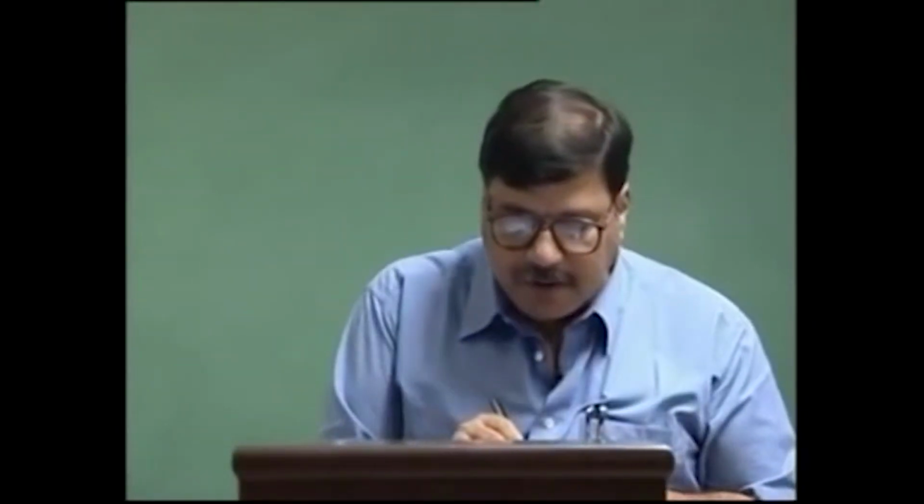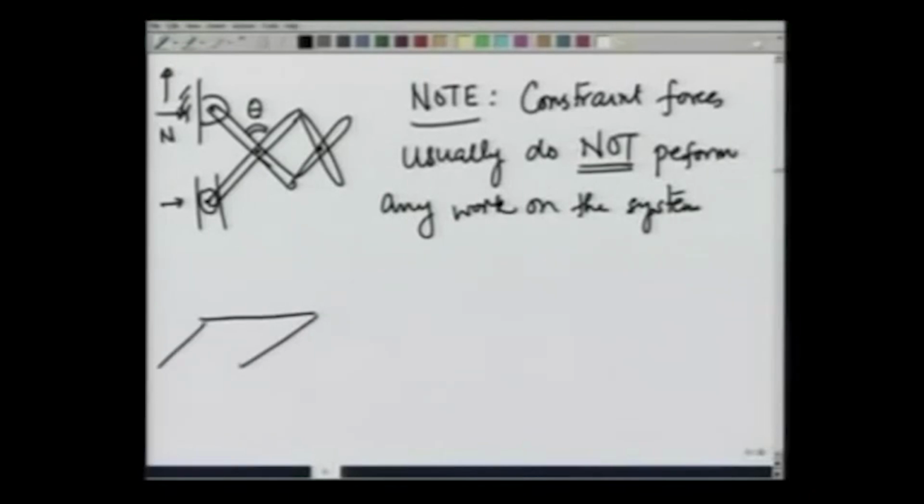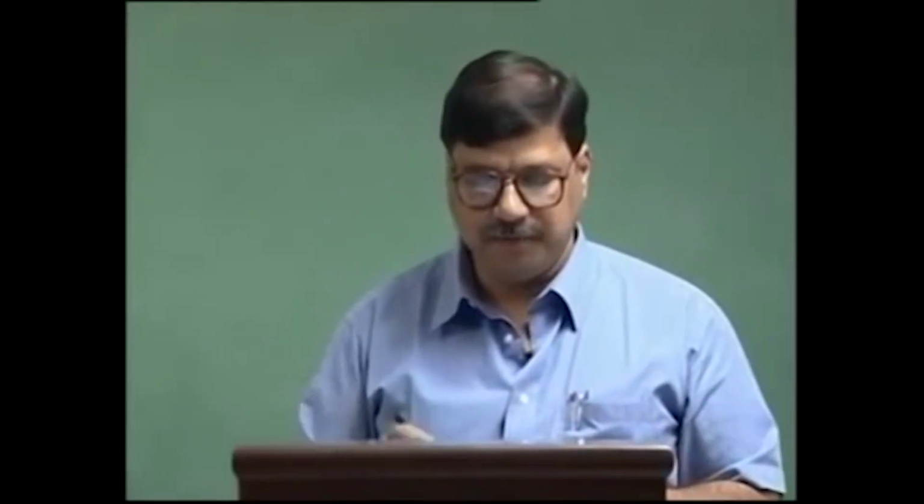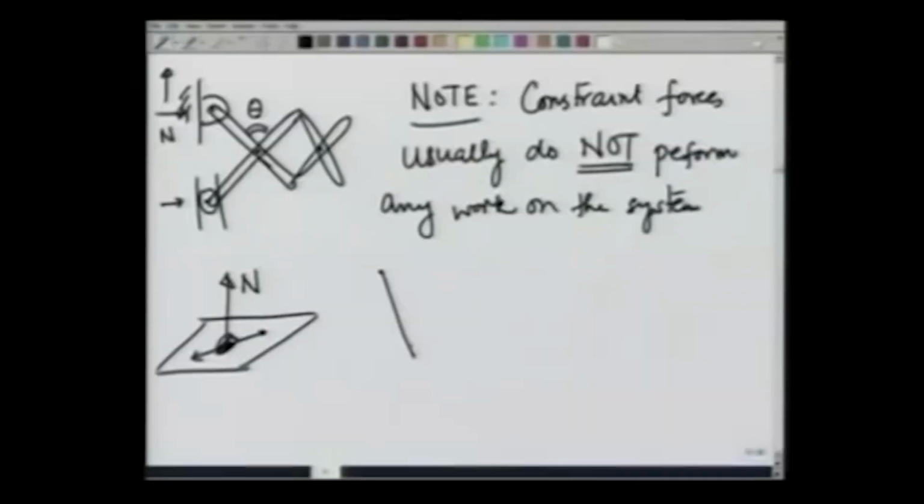So, take the example of a particle on a 2-dimensional surface. The constraint force, normal reaction, is perpendicular to the surface, the particle moves along the surface, and the two are perpendicular, so normal does not do any work on this. Take the example of the pendulum. The constraint force tension is always perpendicular to the direction of motion of the ball, and therefore this also does not do any work.